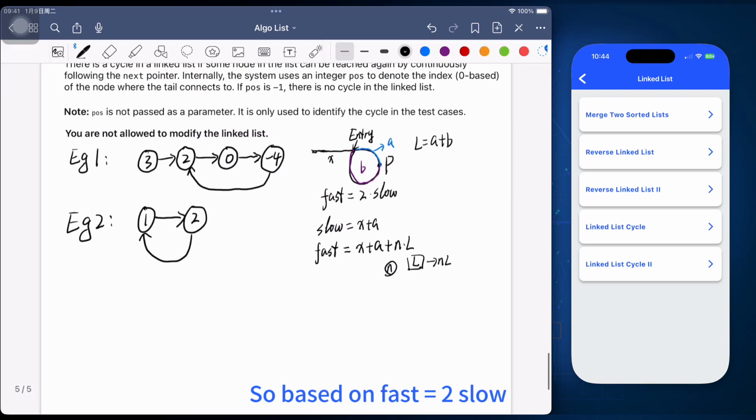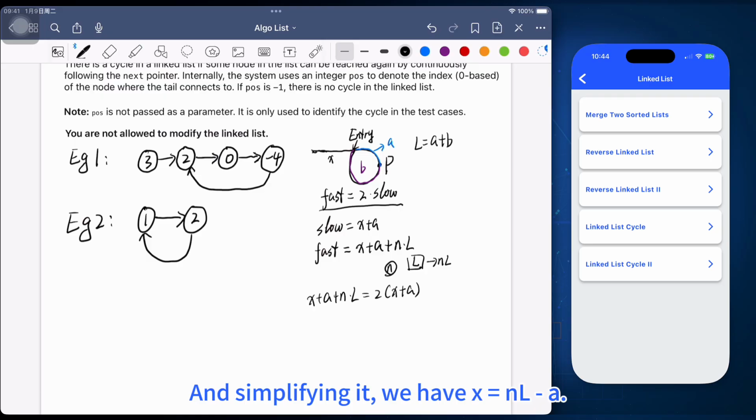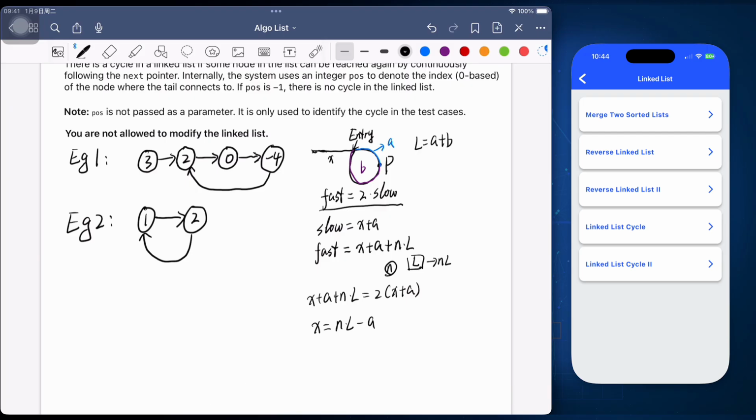So based on fast equals 2 times slow, we have x plus a plus n times L equals twice x plus a. And simplified, we have x equals n times L minus a. What does that mean?